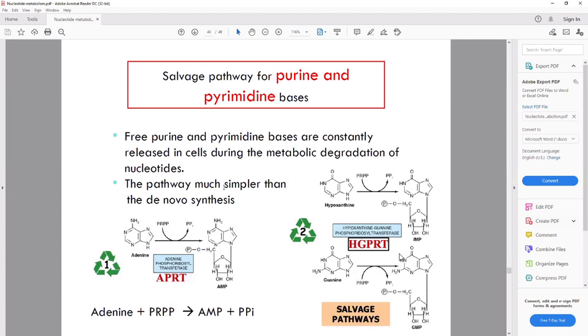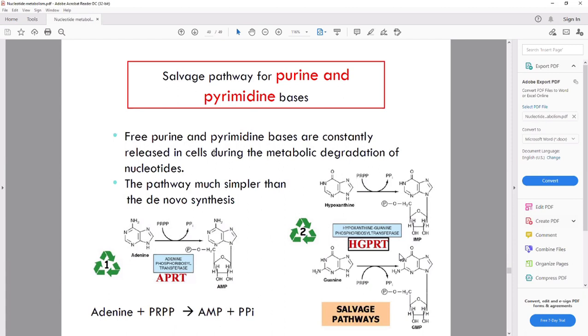By having these two different pathways, it helps to stabilize the concentration of purine and pyrimidine bases, to make sure there is no problem related to the leaking of purine and pyrimidine.